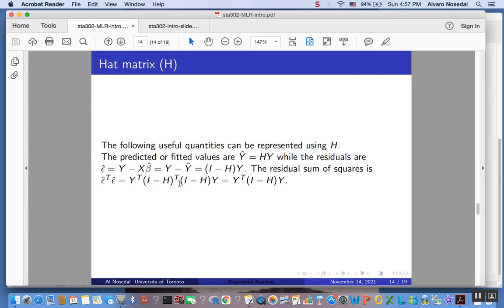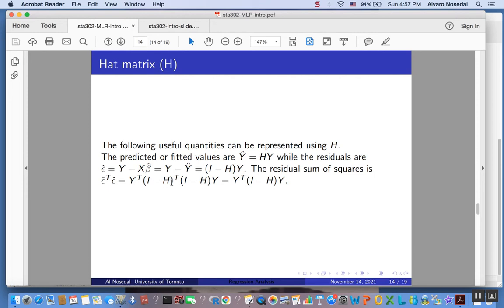Now, remember that at some point, when we talked about residual analysis, we said that the matrix H and the matrix I minus H satisfy two interesting properties.